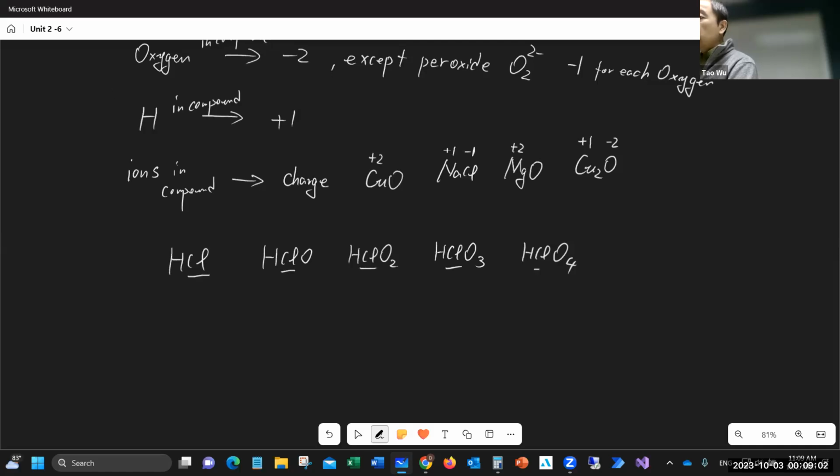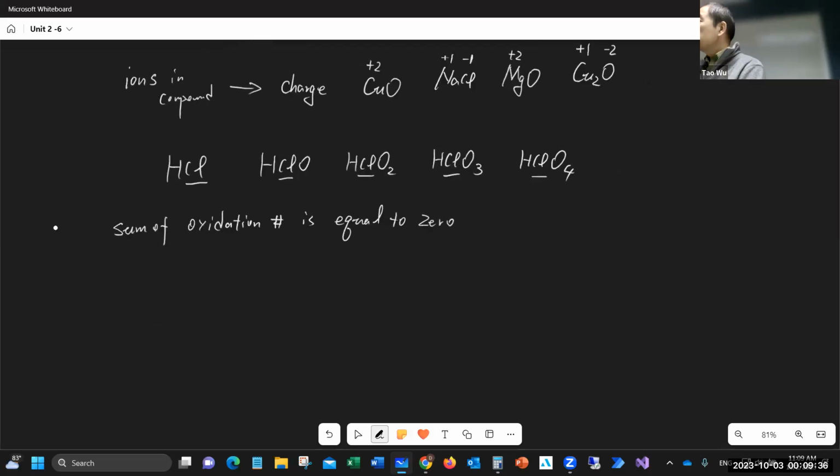But the point is, how can we figure out the oxidation number for each chlorine? We just need to, based on this rule, use the fact that the sum of the oxidation numbers is equal to 0. The oxidation numbers within the compound should be summed together.